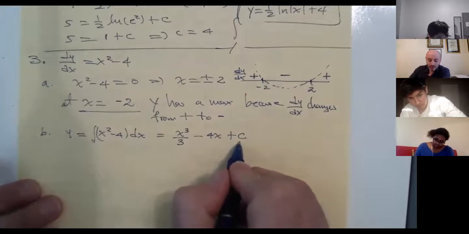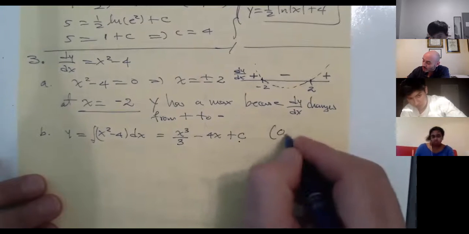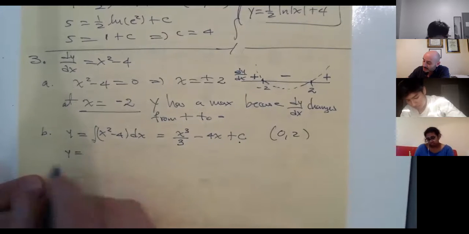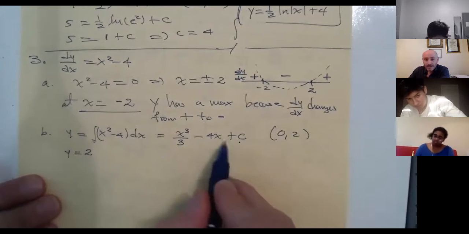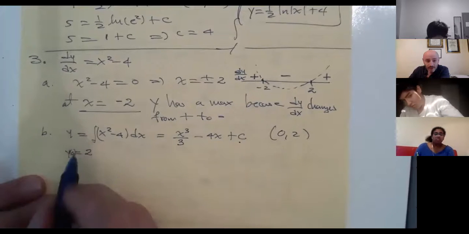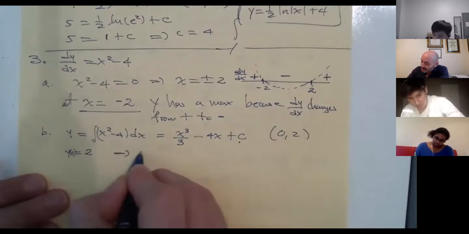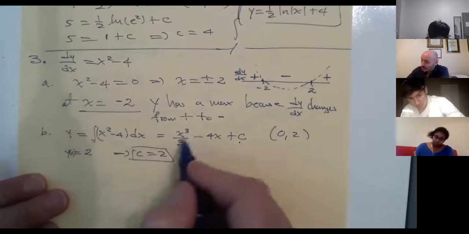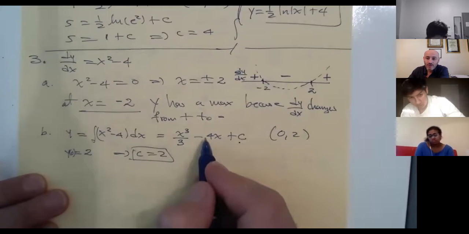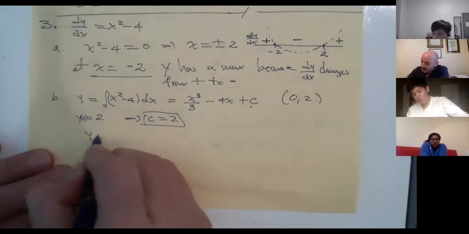And then now we use the condition. It says that the curve passes through 0, 2. So y is equal to 2 when x is 0. If I plug in 0, I get 2. So c is equal to 2, because 0 cubed over 3 is 0, 0 times 4 is 0, so c is 2. So the equation then is this.